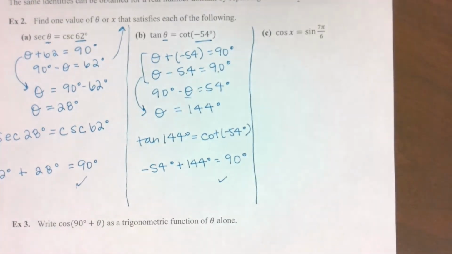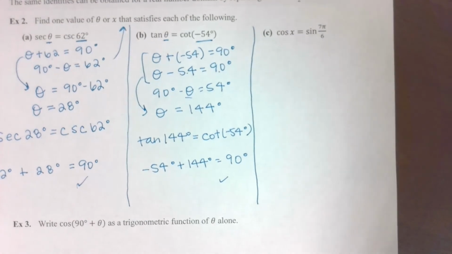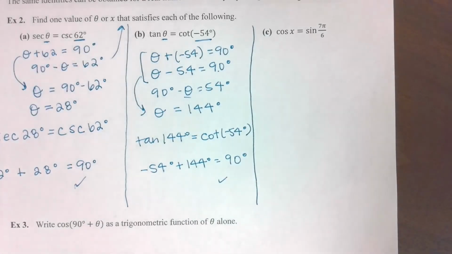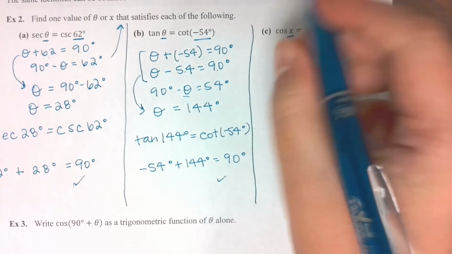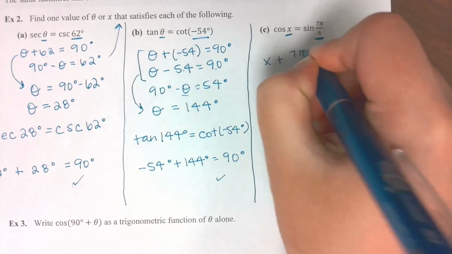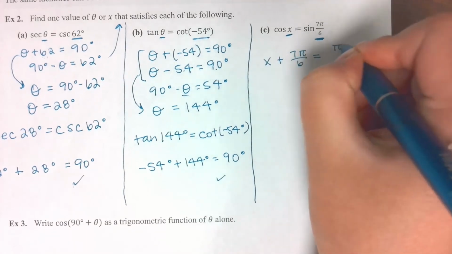And then C. Now we're given a trig function in radians: cosine of x equals sine of 7 pi over 6. Working this problem, x plus 7 pi over 6 equals pi over 2.